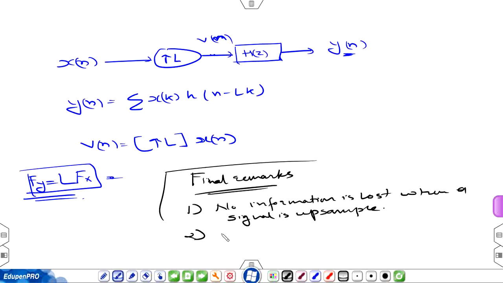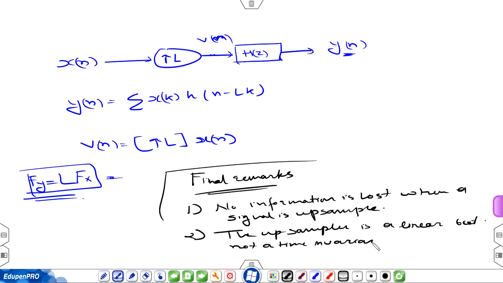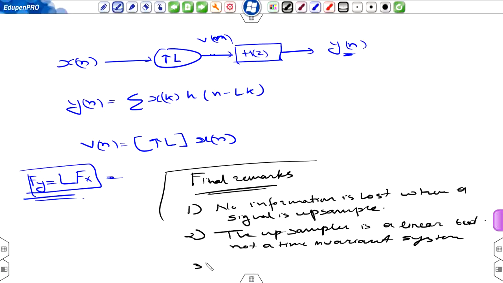Okay, so the upsampler is a linear but not a time invariant system. And finally, the upsampler introduces spectral images.